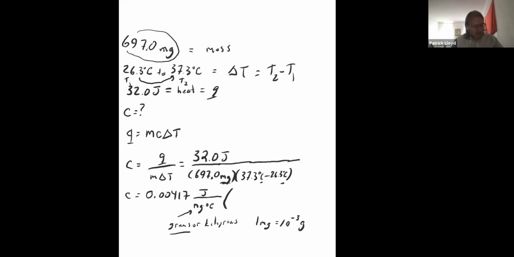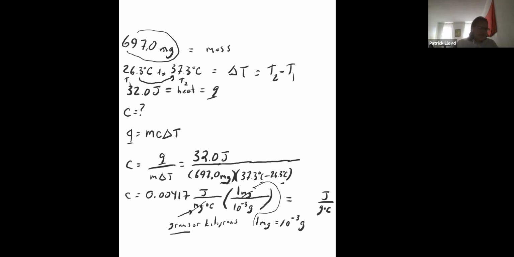So I'm going to put the milligram up here, and now the milligrams are going to cancel. And then you put 10 to the minus 3 grams down here, and that will give you joules per gram degrees C. It's usually written gram degrees C, not degrees C grams.